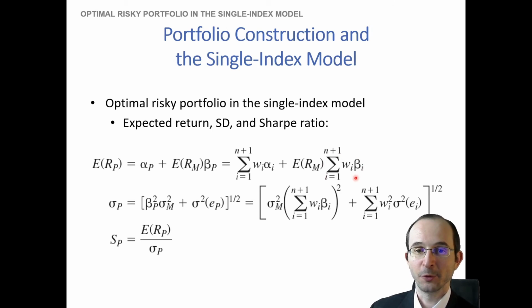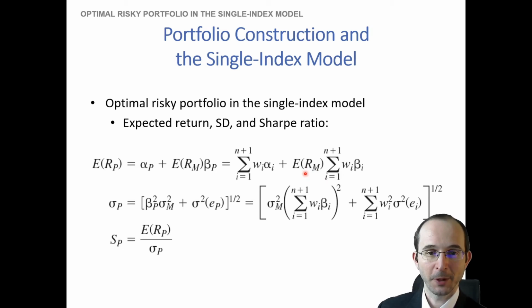And that is our portfolio beta. And then, of course, the expected return is just our portfolio beta times the expected risk premium to the market portfolio. And combined with the alpha of the portfolio, that all gives us the expected return to the portfolio.